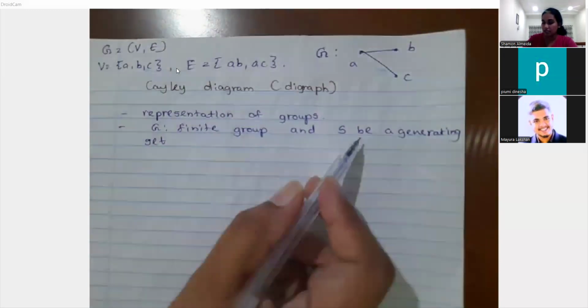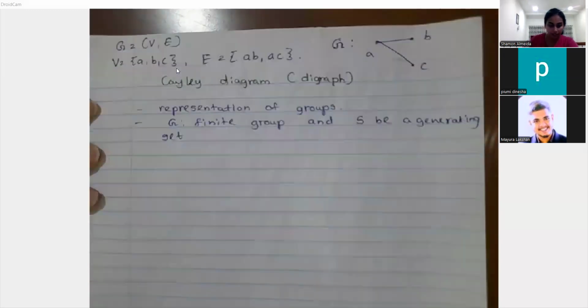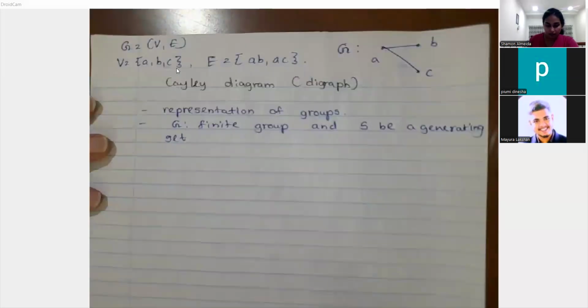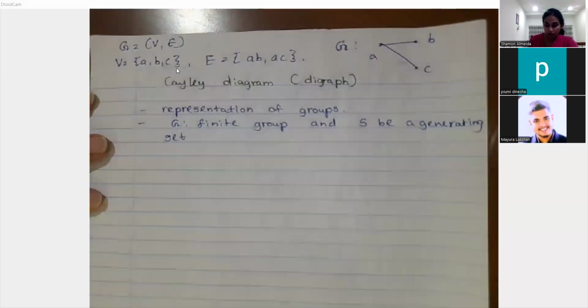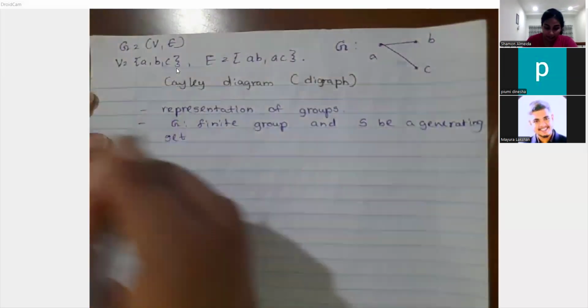Let S be the generating set for G, right? Okay. So then we can find a directed graph.